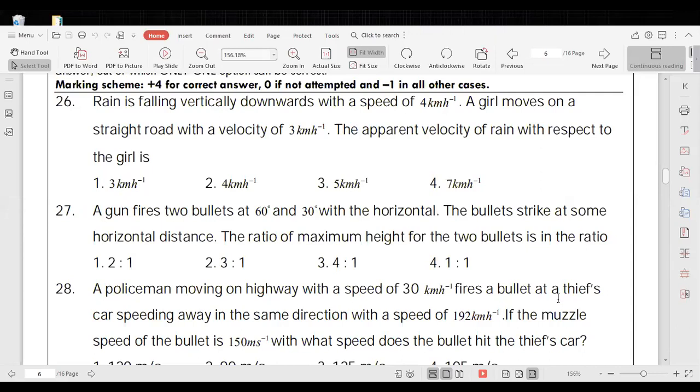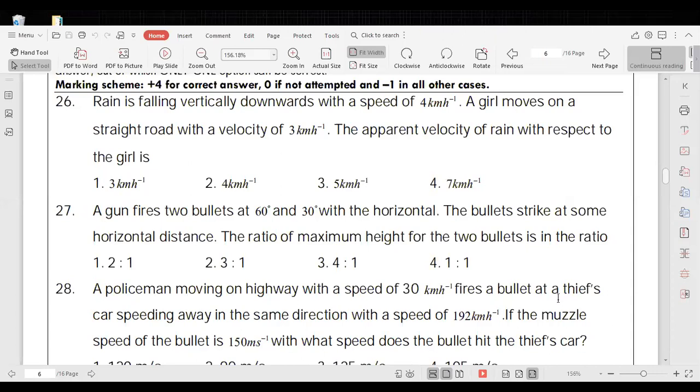That muzzle speed of the bullet, or the velocity of the bullet with respect to gun, is called muzzle speed. That muzzle speed is given as 150 meter per second.